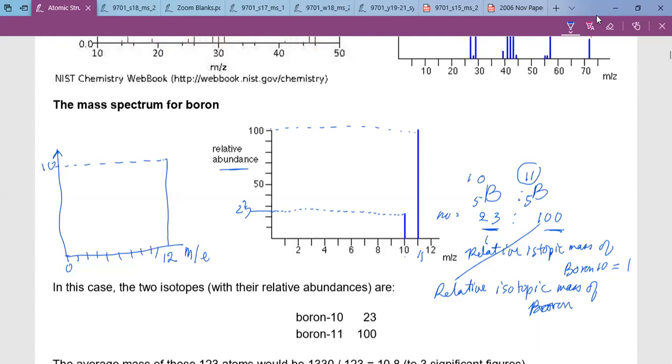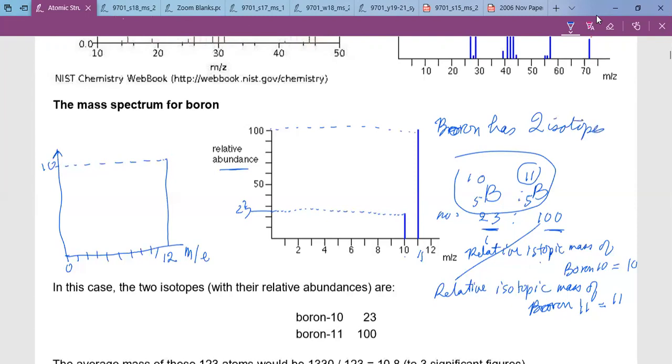Boron has two isotopes, 10 and 11. So boron has got two isotopes.